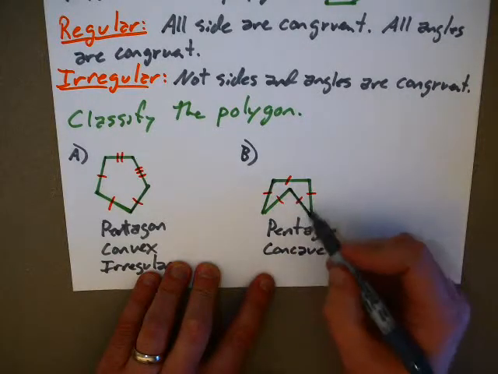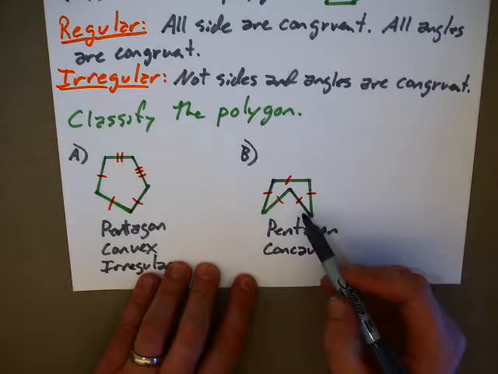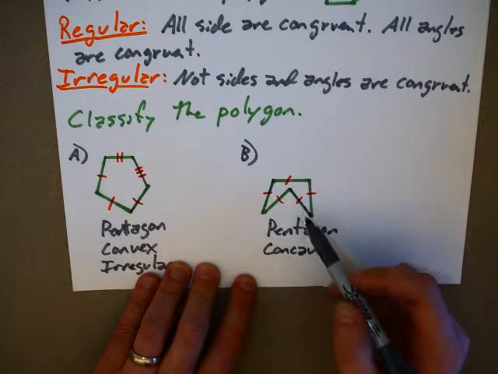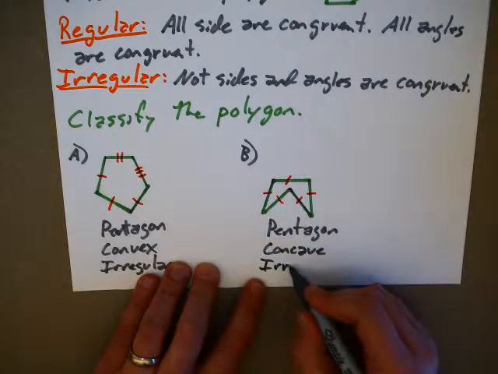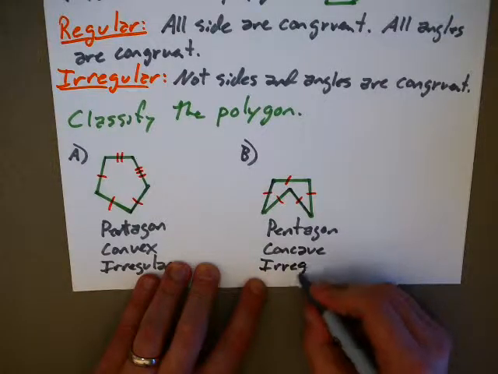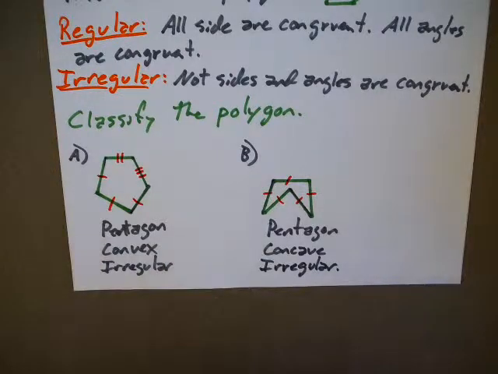And these markings tell us that all the sides are congruent. However, not all the angles are going to be congruent, so this is also irregular. That's just 2 examples of how you would classify polygons.